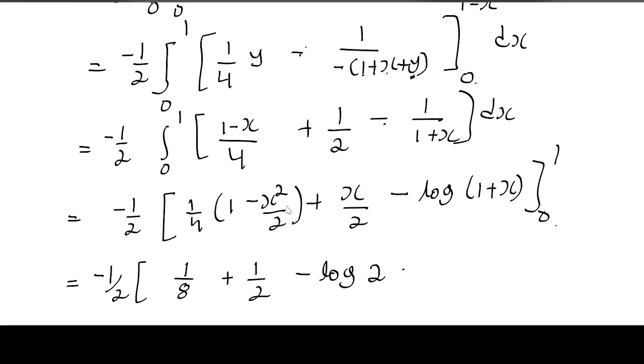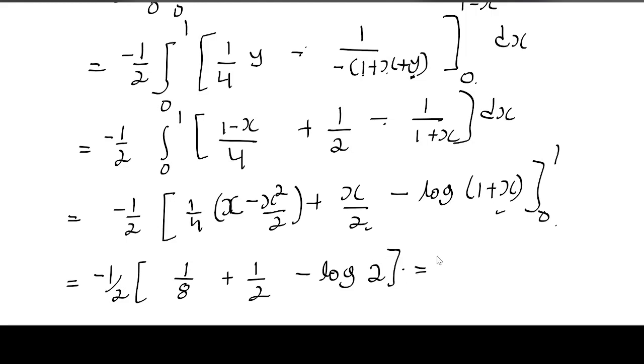I think, sorry, I have missed something here. The integration of 1 will be x. Even then, it's fine; the upper limits will remain the same here. When I substitute 0, this term will be 0, and log 1 is also 0.